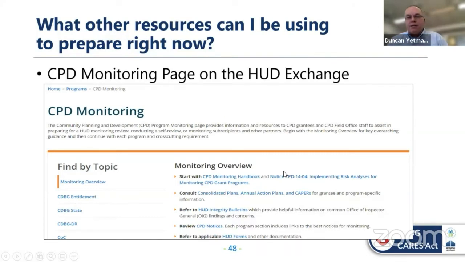This is a snip of a screenshot from that page. It provides not only information on a monitoring overview, but information on other CPD grant programs, not just CDBG, in the left-hand margin. One resource in particular that I want to highlight on this page are the links to the HUD integrity bulletins.